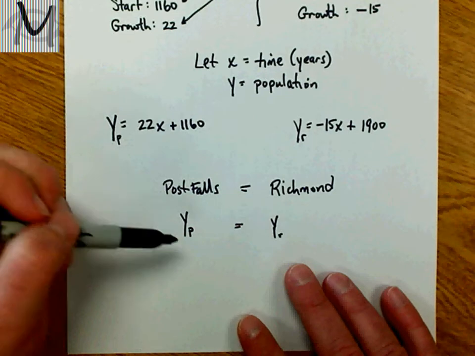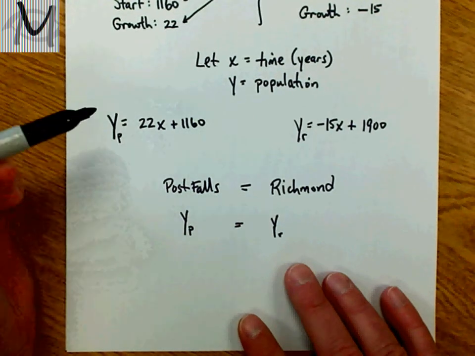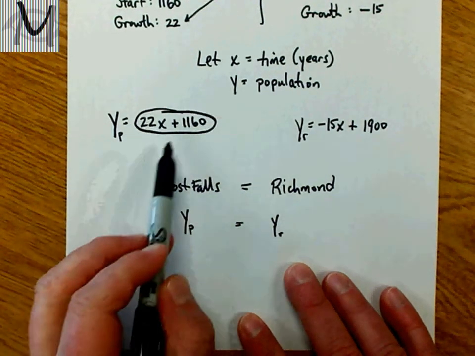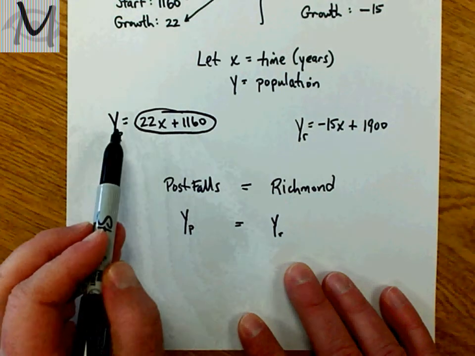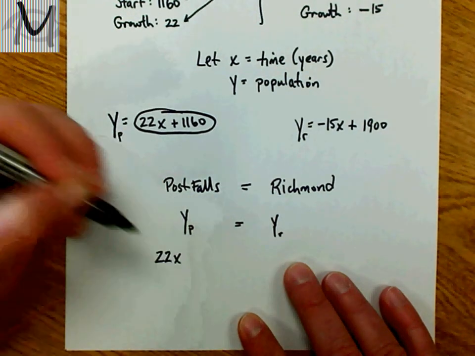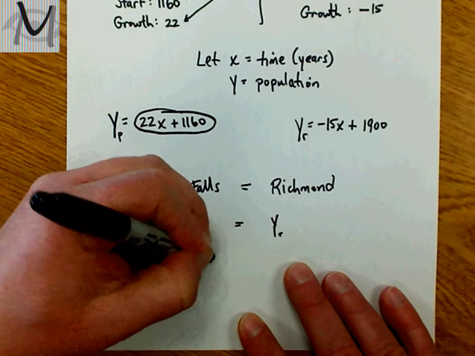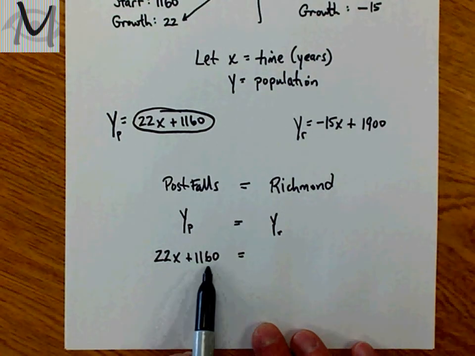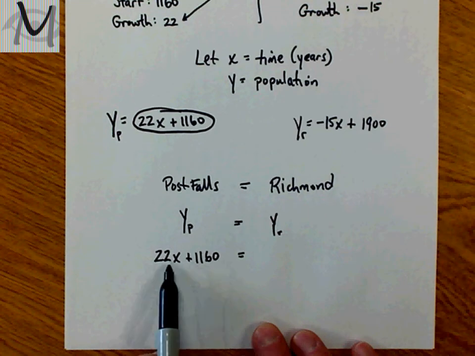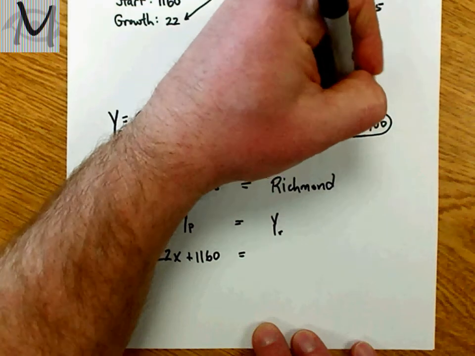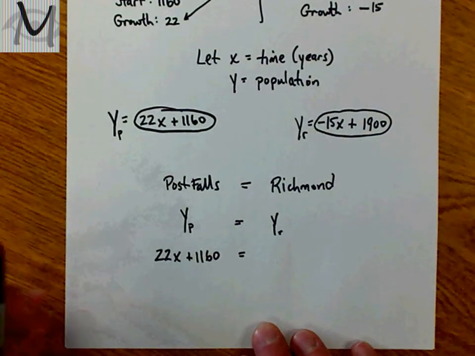What else stands for the student population of Post Falls? This is the math calculation that helps me figure out what that y is. So in its place, I'm going to write 22x plus 1160. This is the math problem that figures out Post Falls' population, and Richmond's math problem to figure out the population is negative 15x plus 1900.